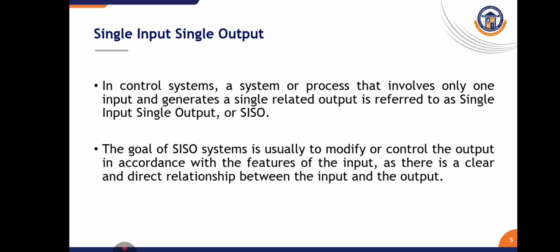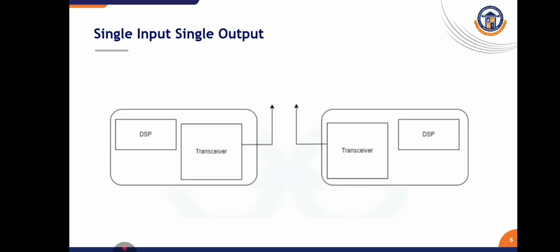So there is a clear and direct relationship between the input and output. The simplicity facilitates focused analysis of system behavior and makes it easy to apply various control and signal processing techniques. This is a single input and single output structure.